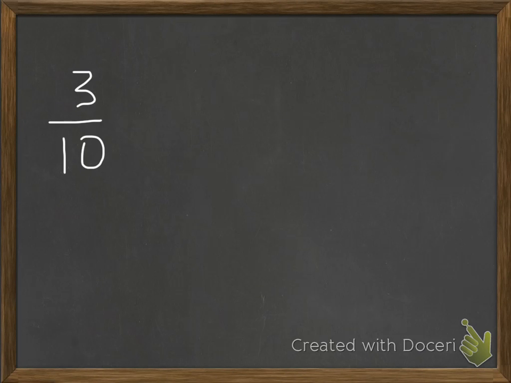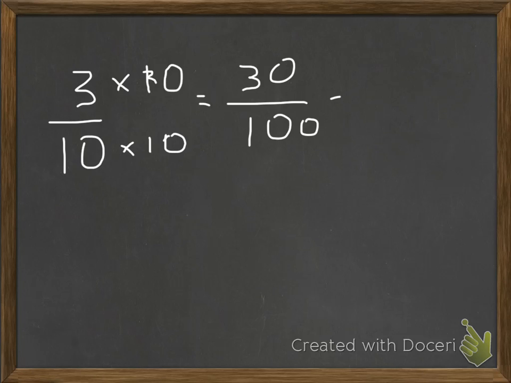Some more examples. We have 3/10. I can change 10 into 100 by multiplying it by 10 and multiplying the 3 by 10, and I would get 30 over 100, so my answer would be 30%. Any number over 100 is that number as a percent. 10 over 100 is 10%. 55 over 100 is 55%.